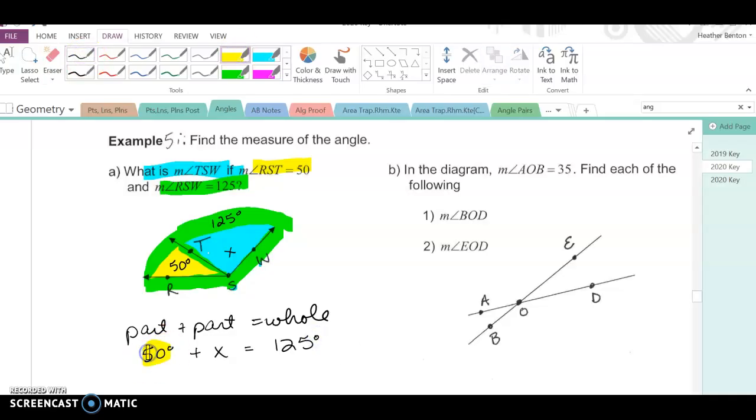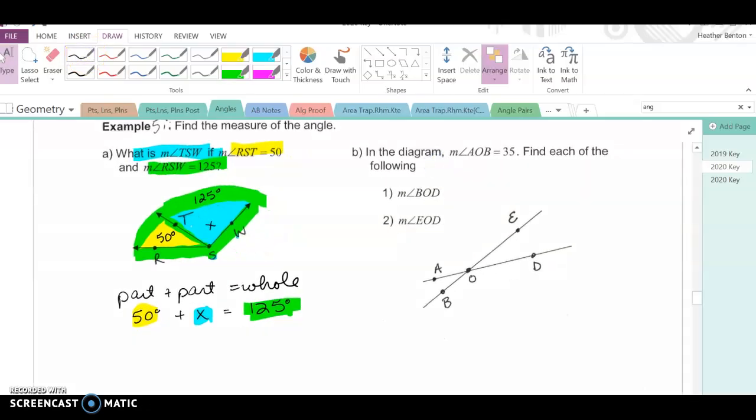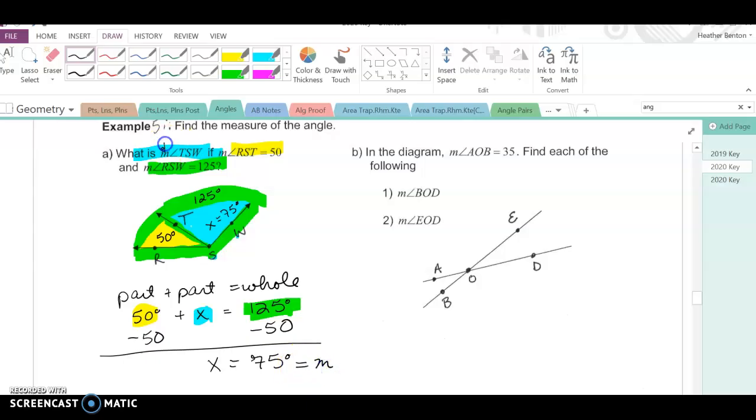You have yellow plus blue adds up to the green 125. So if I'm going to solve this algebra equation for x, I'm going to subtract 50 if I want to solve for the missing part. And that tells me x is 75 degrees, right? So x is 75. That's what the measure of angle T to the S to the W is. Okay, and you don't have to write the algebraic equation. That's just one way to show you my thinking and where I'm going with this.